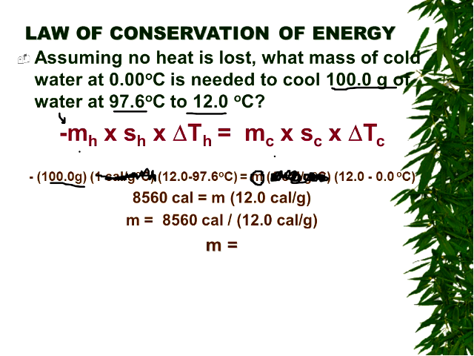Now, this is the difficult part, okay? If I look at this side and I have 100 grams of water at 97 degrees, and I go down to 12 degrees, is that a positive or negative? It's a negative. That's where this comes in. It goes from 12 to that. Now this side, though, is not.